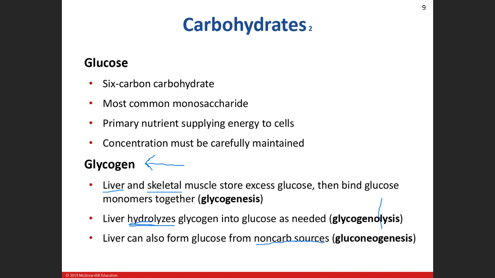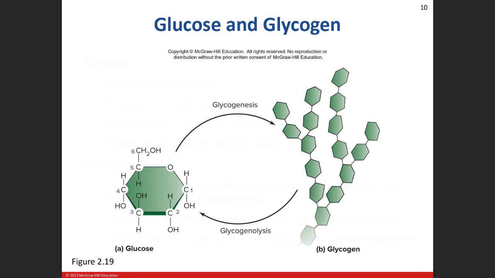We'll talk about that later on in this chapter. We're going to find these non-carbohydrate sources and make glucose from them, and that's called gluconeogenesis. Gluco refers to glucose, neo means new, and genesis is making. So we're going to make new glucose, and that's going to occur predominantly in the liver.